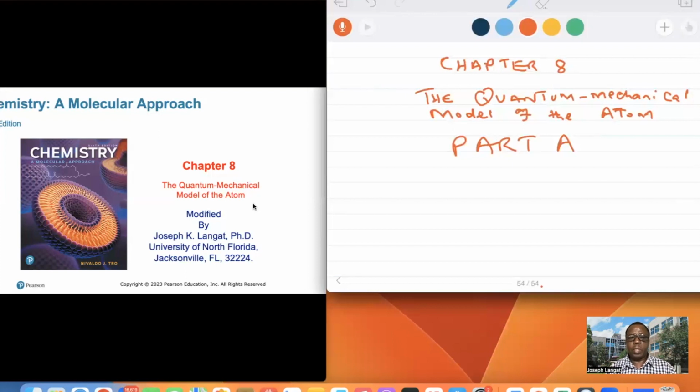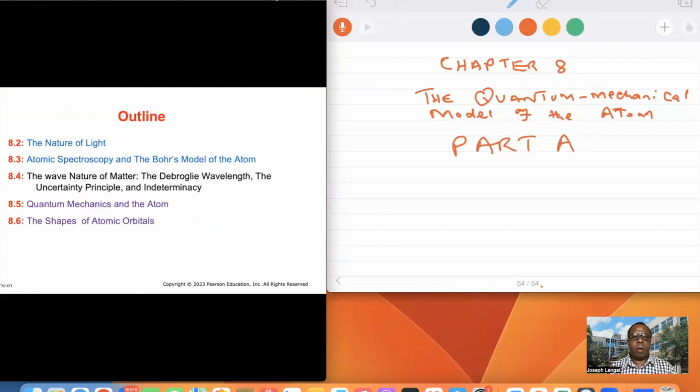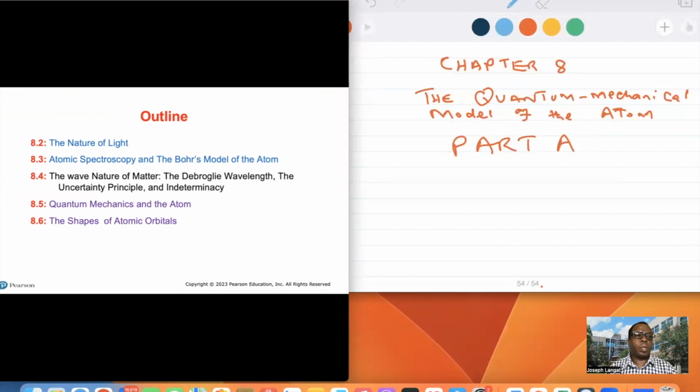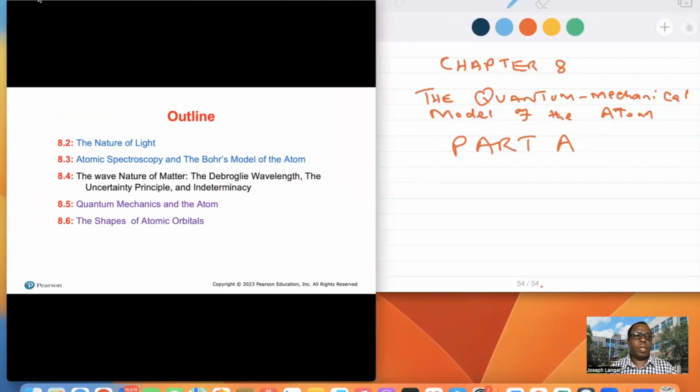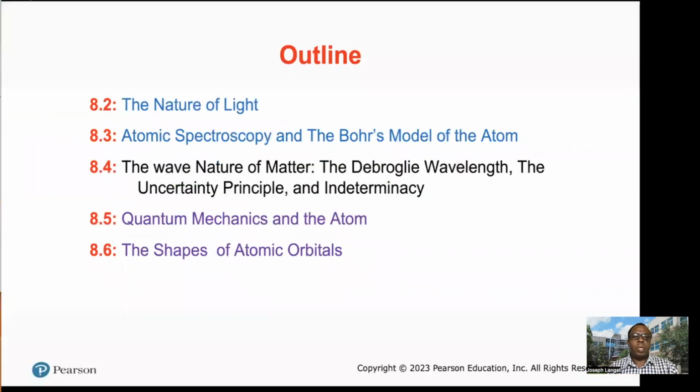And without wasting my time, there will be part A and part B, unlike in the last 2-3 chapters, where there were part A, part B, and part C. In this chapter there will be only part A and part B. This is the outline, this is what we will cover in chapter 8.